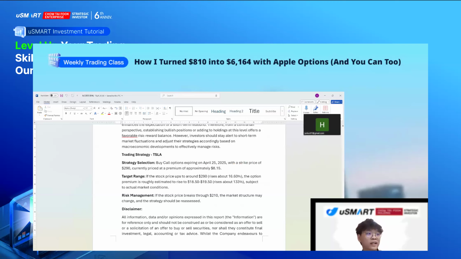How do I get this kind of leverage figure? Now I will show you how.